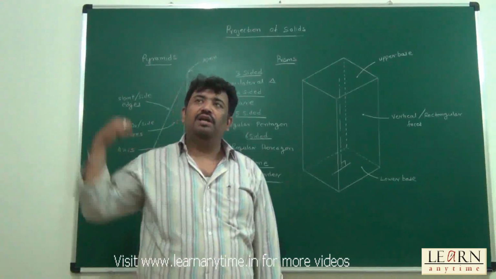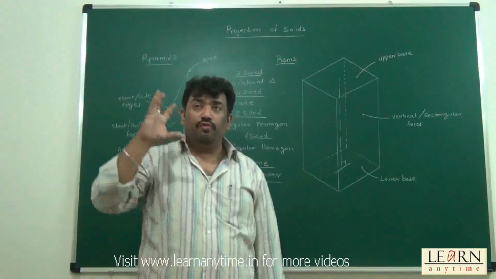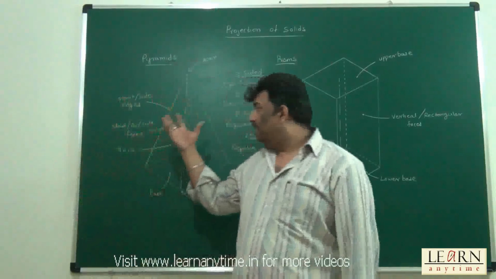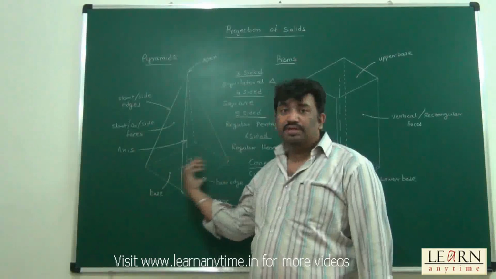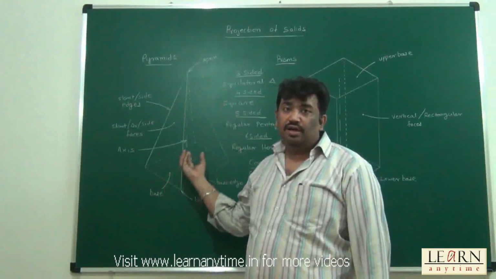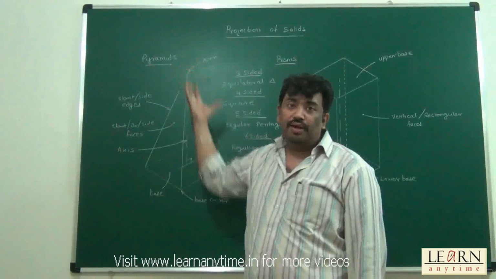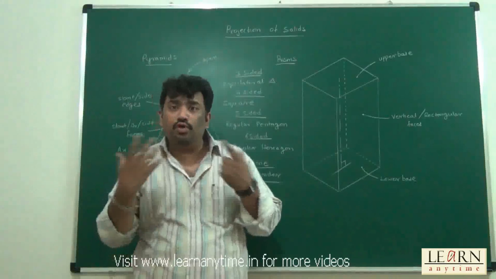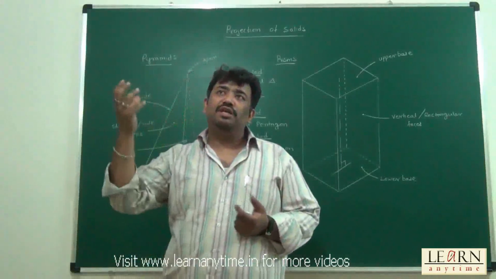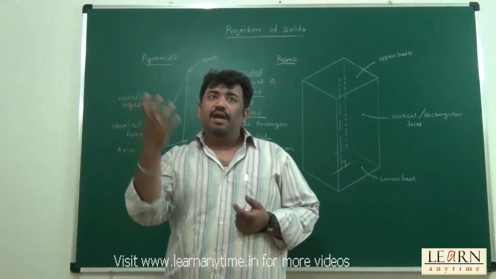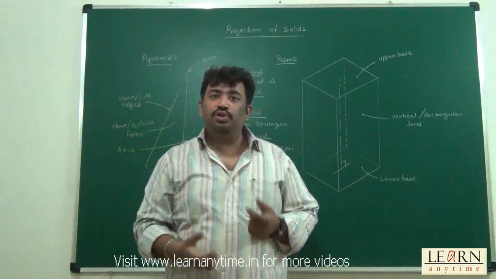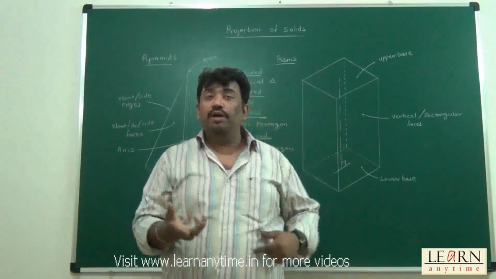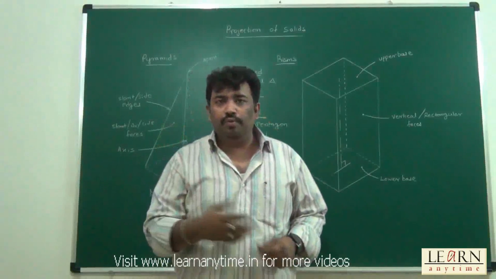First of all, they will say that it's a pentagonal pyramid, so you have to first visualize. Pentagonal pyramid means the shape of the base is a pentagon and it has an apex at the top and a base at the bottom. So you have to first visualize what solid it is. Then they will say that this pentagonal pyramid is resting in a different position. Accordingly you have to understand the position and draw the front view and top view of it.